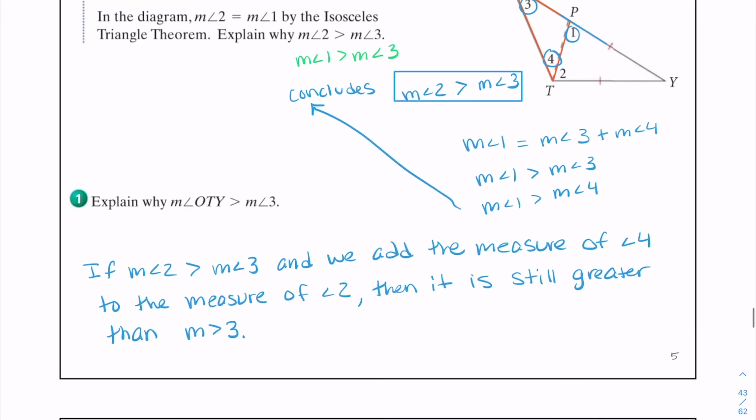So just adding something to it keeps it larger than what it is.